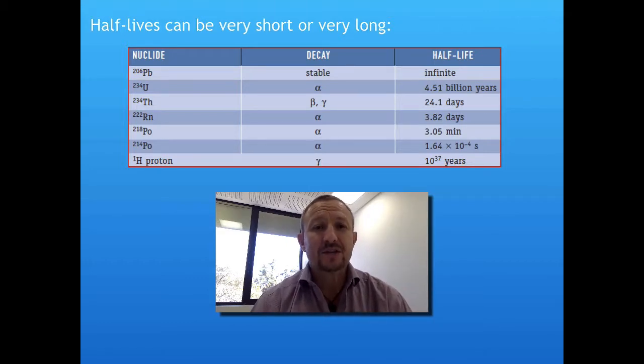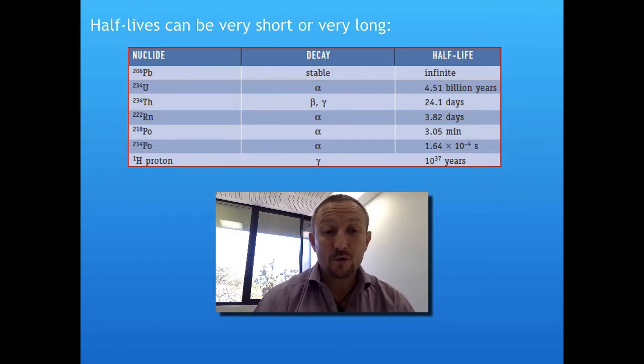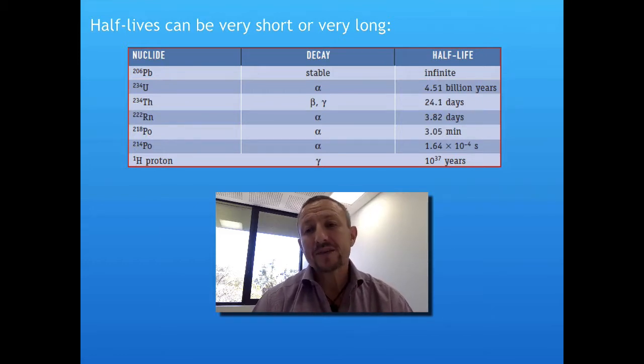As we go on, you can see that Th-234 has got 24.1 days, Rn-222 has got 2.82 days. They are taking a very small amount of time. Po-218 is 3.05 minutes. You see Po-214, the isotope, is 1.64 times 10 to the negative 4 seconds.